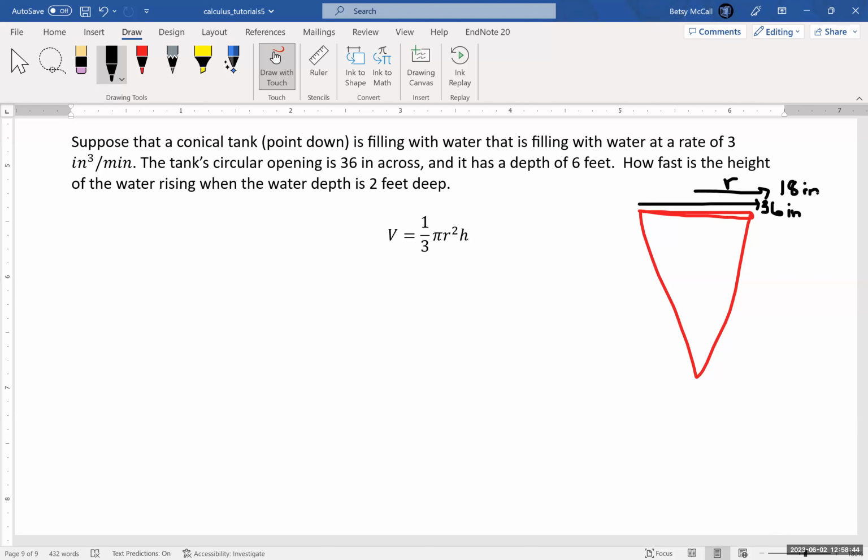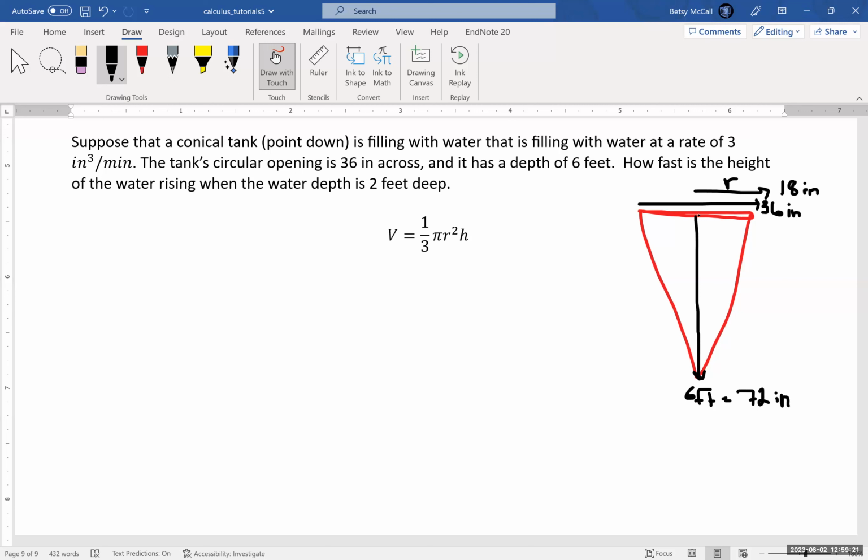Our relationships are going to depend on the radius because that's what's in the equation, not the diameter. It has a depth of 6 feet. So this height right here, that's 6 feet. But what is that in inches? Well, 6 feet times 12 inches per foot is 72 inches.